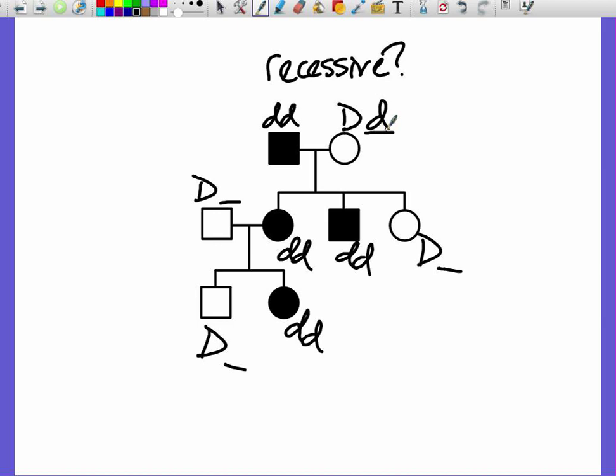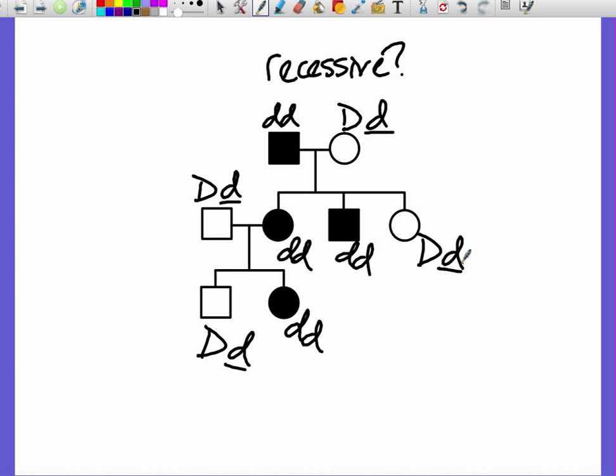You know that the dad in the second generation had to have had that lowercase allele, that recessive allele. He passed it on to his daughter. You also know that the grandson is going to have that recessive allele because he got it from his mom. And then finally, the aunt in the second generation, she would have had to have gotten that recessive allele from her dad. So I do actually know the genotypes of every individual, but only if this is recessive.